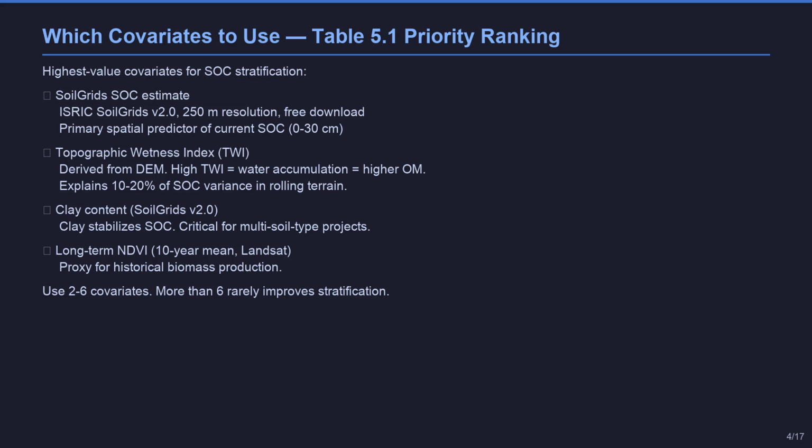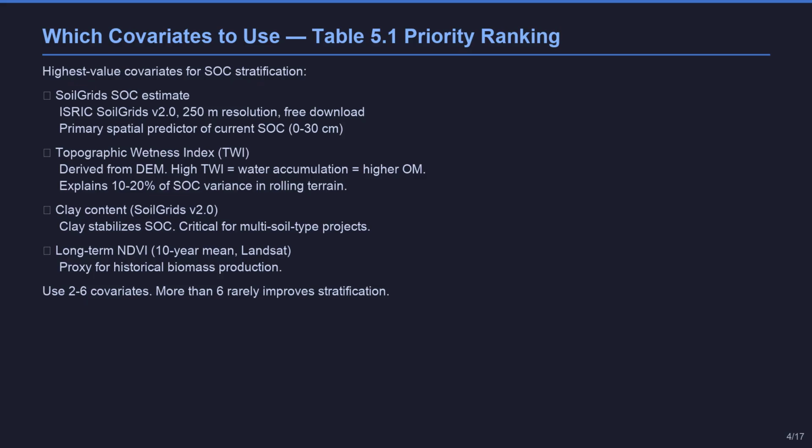Second, Topographic Wetness Index, derived from a digital elevation model. High TWI means water accumulates there, drainages, depressions. Consistently higher organic matter, captures 10 to 20% of SOC variance on its own in rolling terrain. Third, clay content, also from Soil Grids.